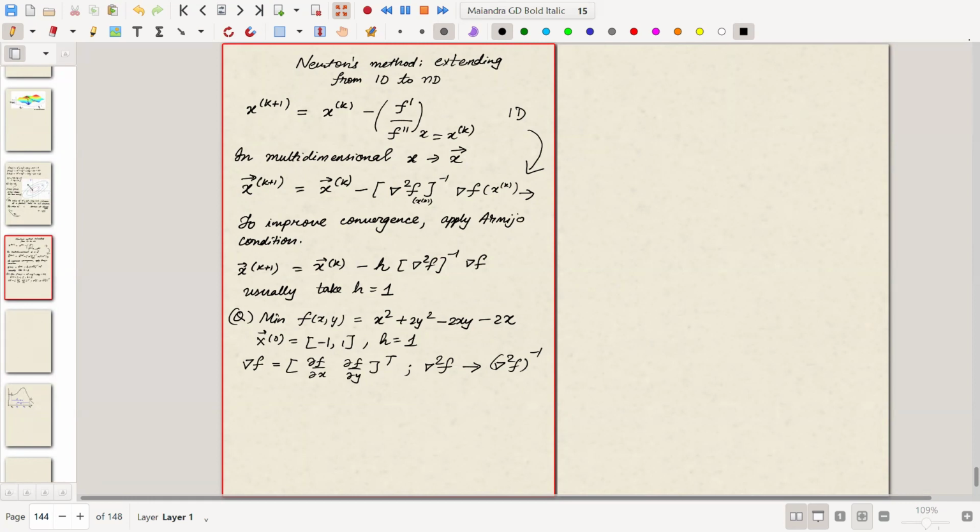It's a symmetric matrix, and it's a 2 by 2 matrix here because you have dou f by dou x and dou f by dou y. You don't have dou f by dou z, right? So it will stop at 2 by 2. For a 2 by 2 matrix, you can easily compute the inverse. For a 3 by 3 matrix, computing the inverse is very hard. For 2 by 2, you already know the formula. Can you compute grad f and del 2f inverse?